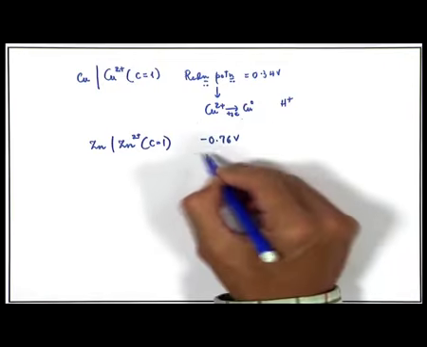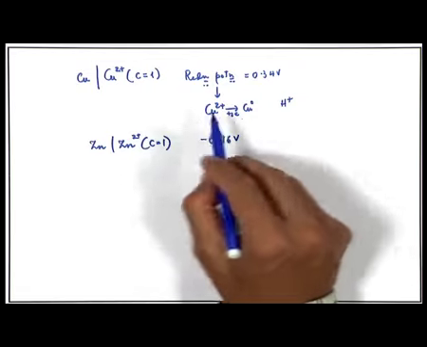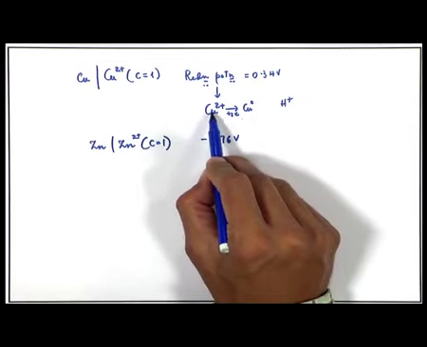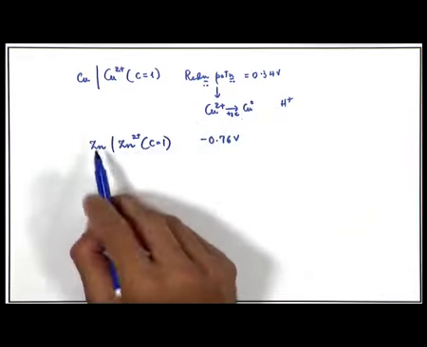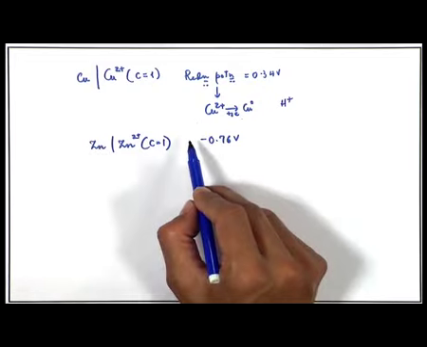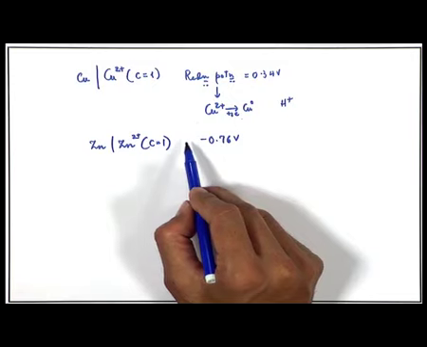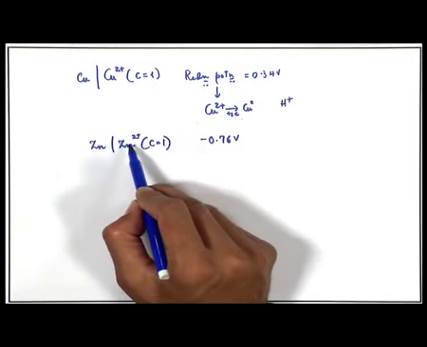So reduction of copper to copper 0 by H+ is not possible, but reduction of H+ to H2, or oxidation of zinc to Zn2+, is possible.